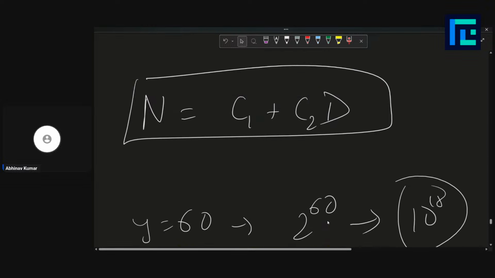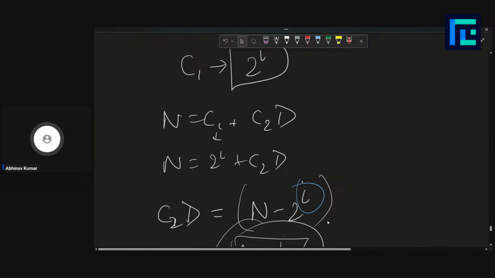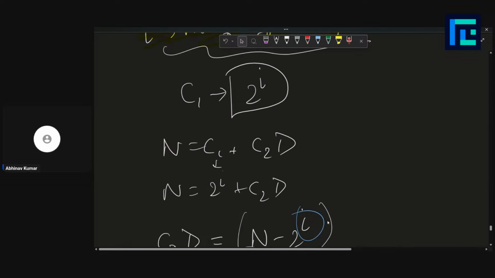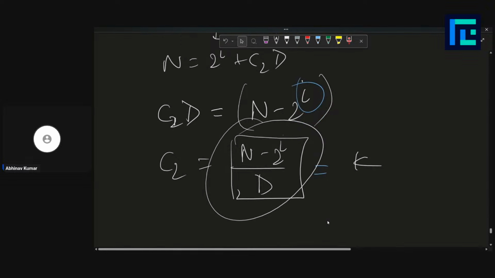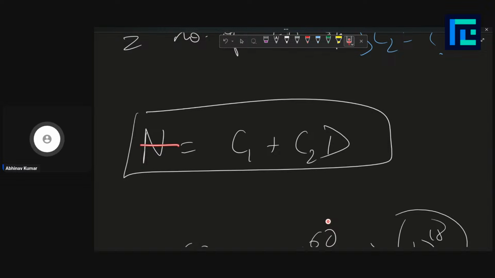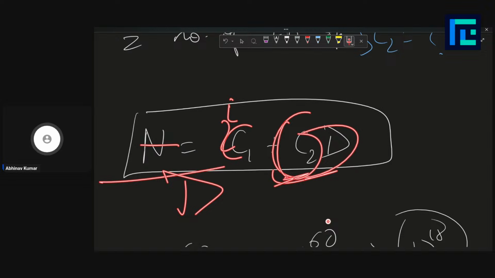So I have reduced my problem to, instead of finding minimum ways to reach n, since I am fixing my I, n minus 2 to the power I is C2 times D, divided by D is C2 actually.